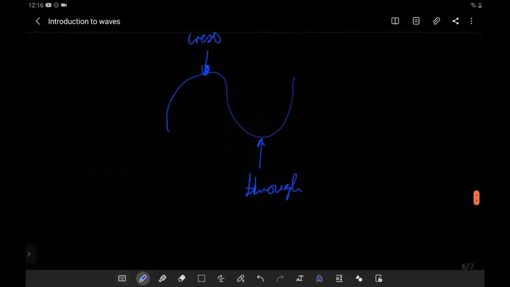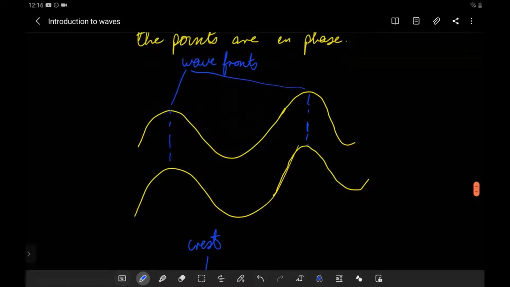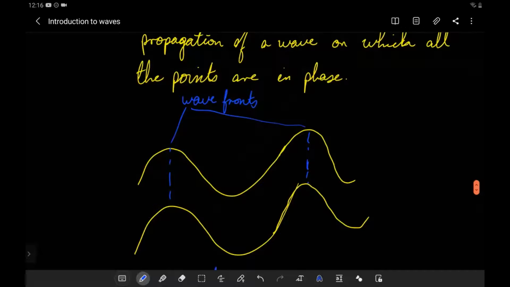It's an easy way to show the crests of a wave. Now, why would that help us? Let's go here and define speed. Speed v.